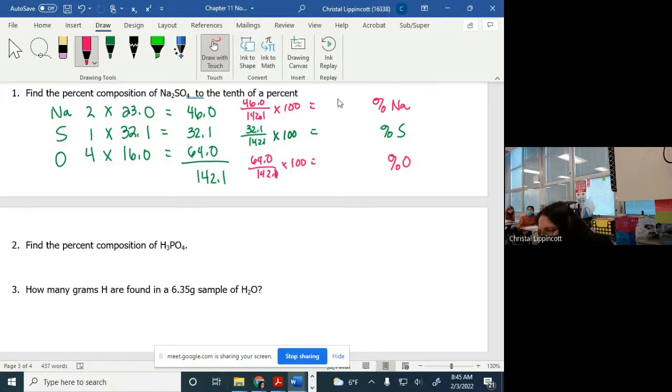So this guy here is going to be 32.4. This will be 45.0. And I'll go back and do my sulfur. I did them out of order because I didn't want to change pen colors. And then this guy ends up being 22.6.